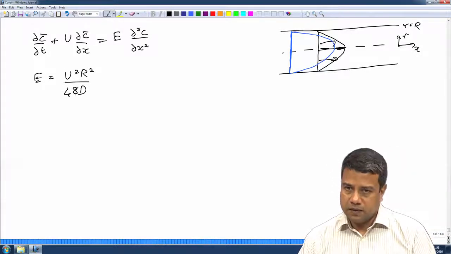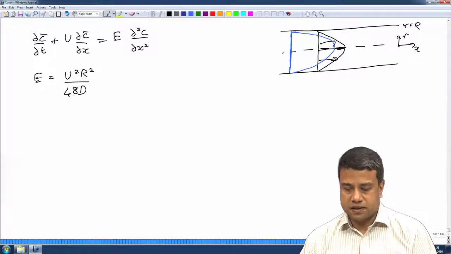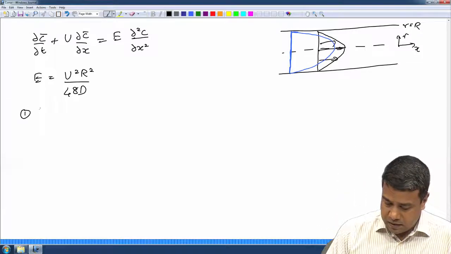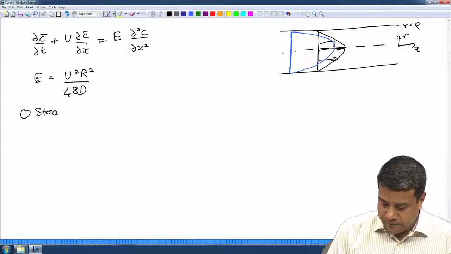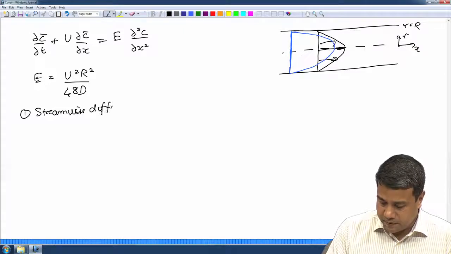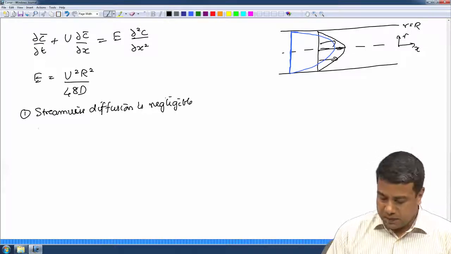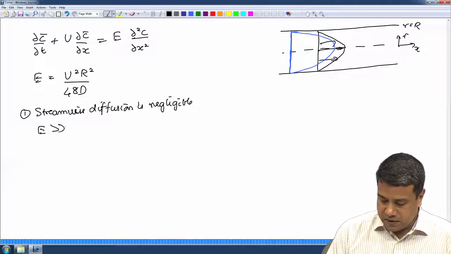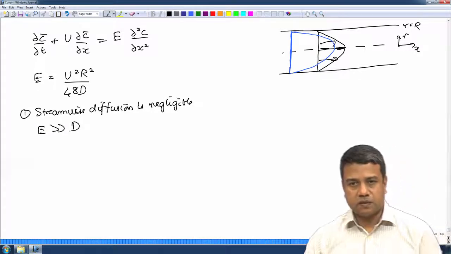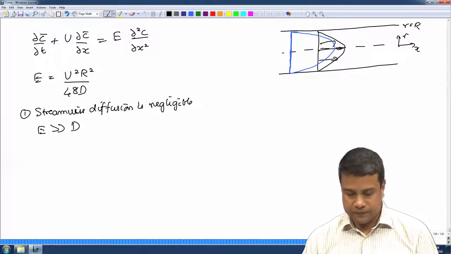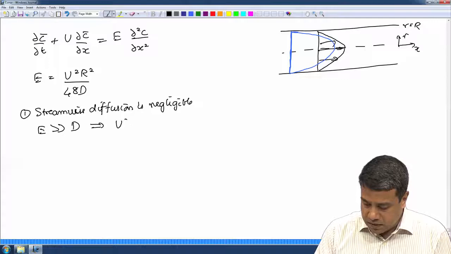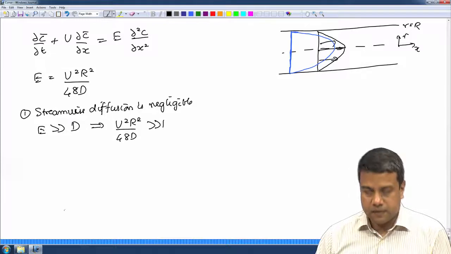We had made two assumptions in this case. The first one was that streamwise diffusion is negligible. What that means is that the dispersion coefficient is much larger than the molecular diffusion coefficient, or u square r square by 48 d is much greater than d, which implies that the Peclet number square by 48 is much greater than 1.